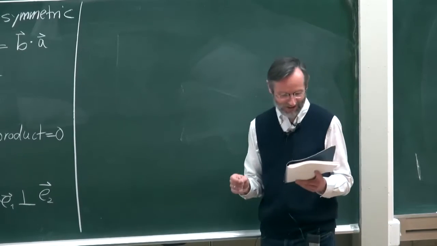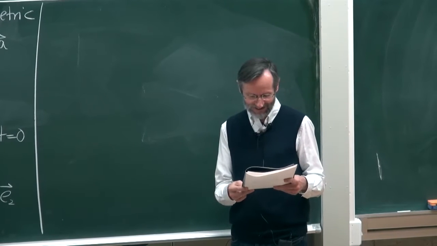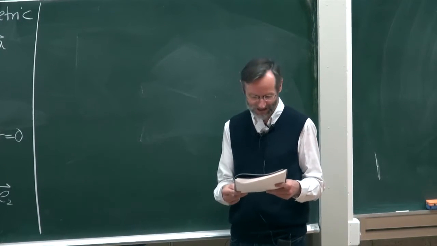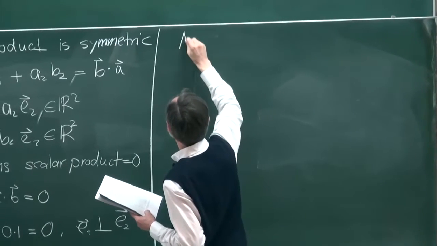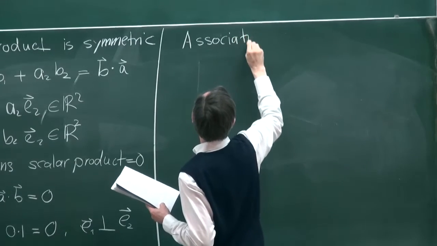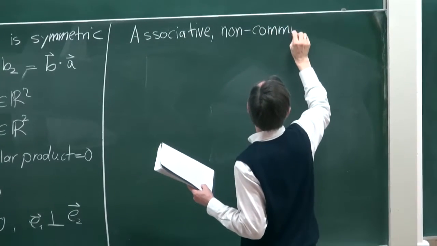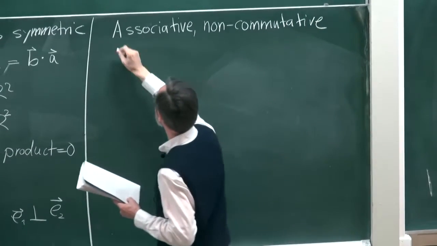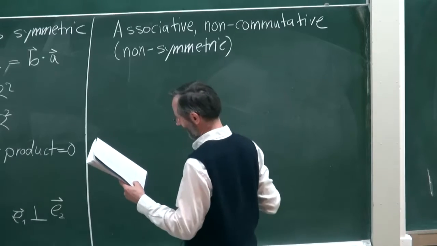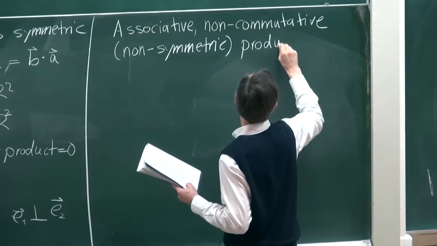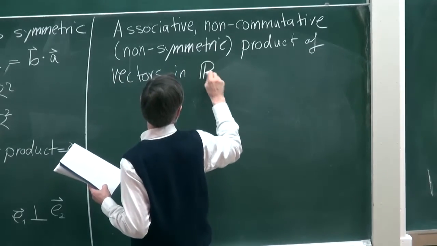So now I continue and I introduce an associative but non-commutative, that means non-symmetric, product of vectors in R2.